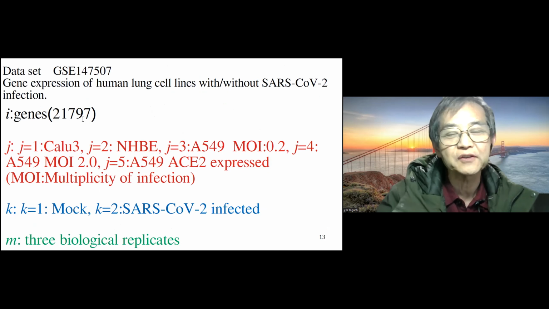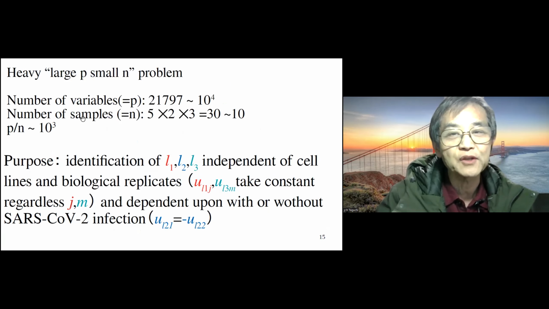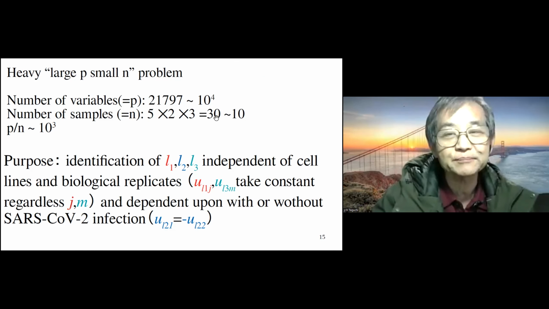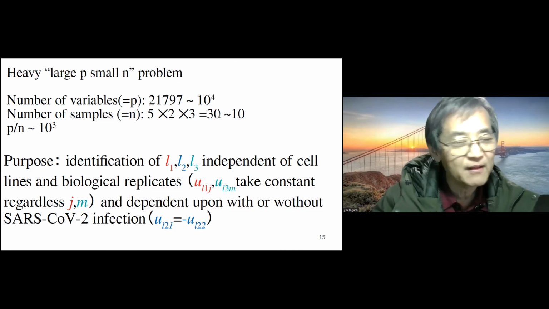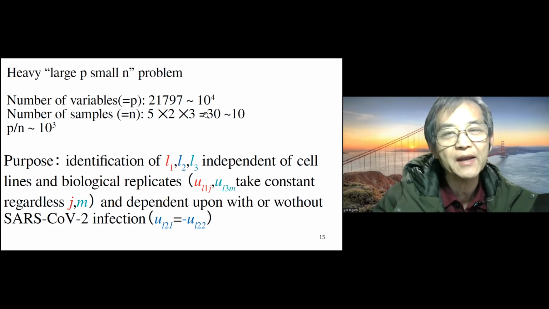So this is a so-called large p, small n problem, where the number of variables p is 10 to the 4, but the number of samples is only 30. So we have only 30 samples, and using this we would like to find which drug is effective for SARS-CoV-2.